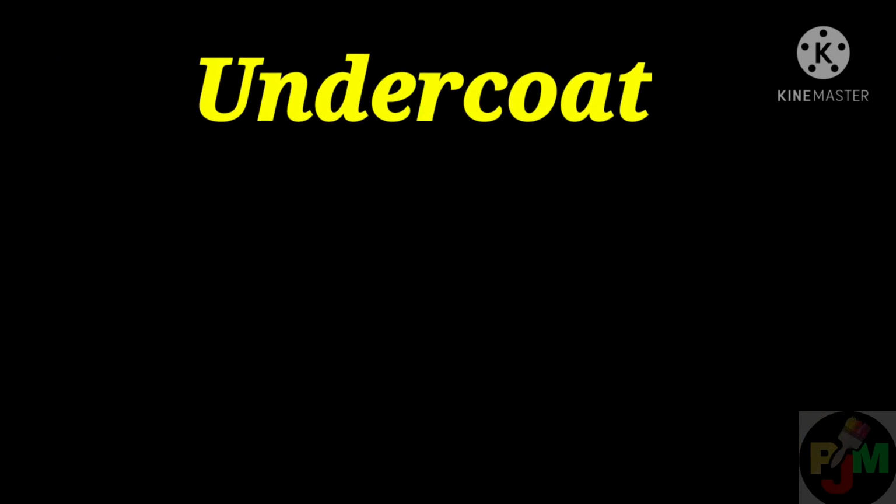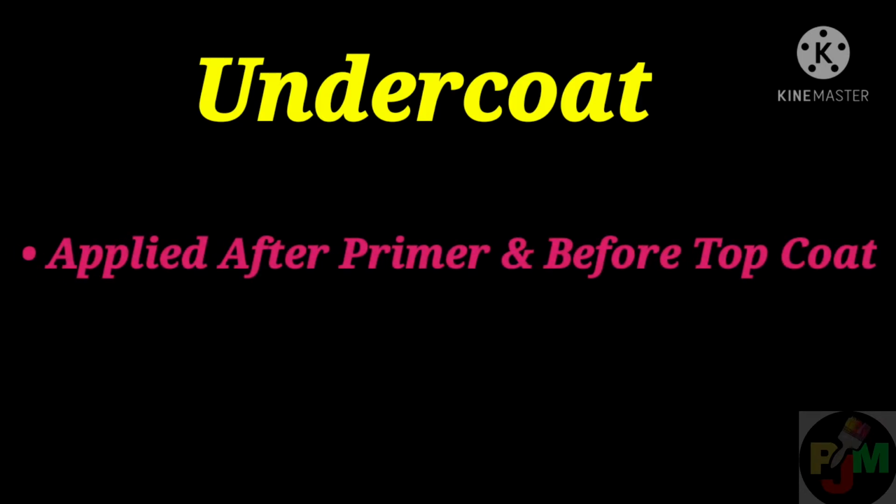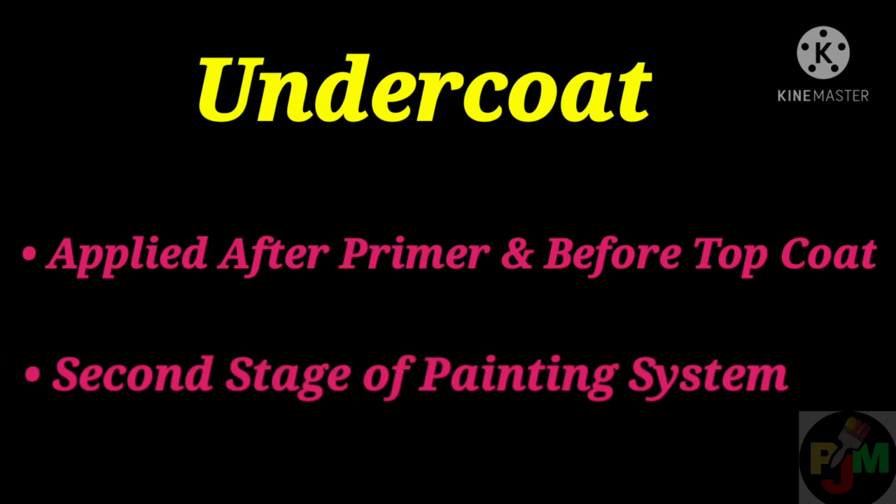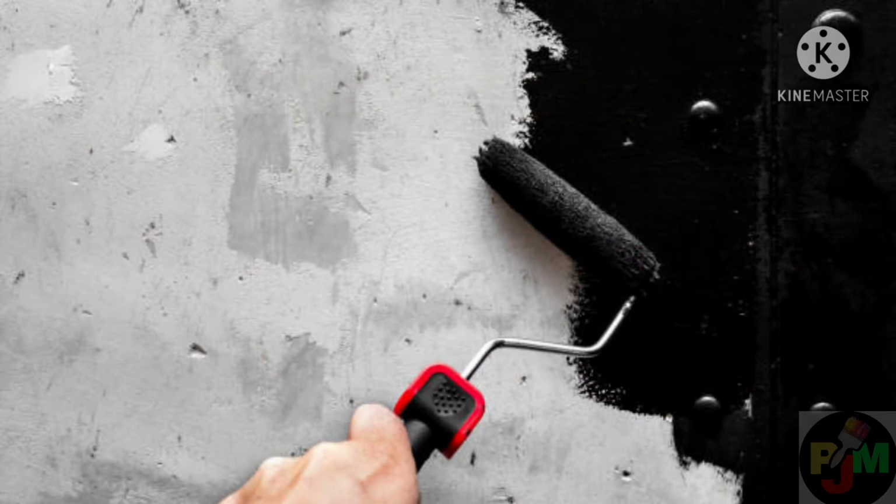Undercoat. Undercoat paint is a layer that is applied on the surface after priming and before painting a top coat. The undercoat is the second stage of painting applied to the coat of primer. An undercoat is always a primer, but a primer is not always an undercoat.